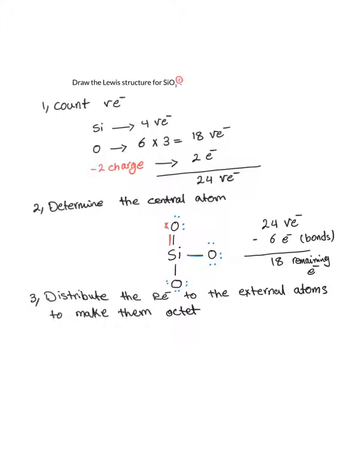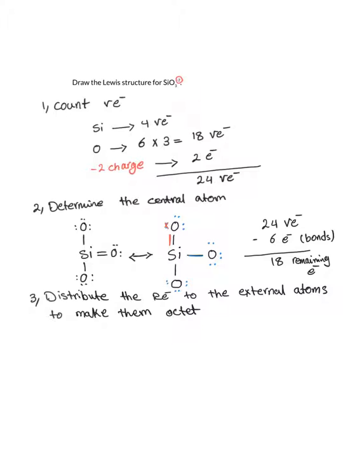For example, this oxygen can also share the electrons with the central atom. We call these two structures resonance structures, and you will learn about resonance structures later on.